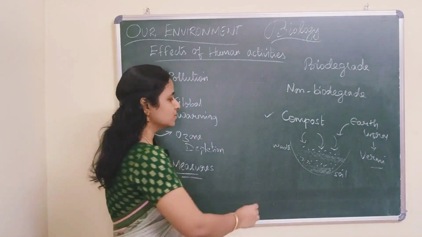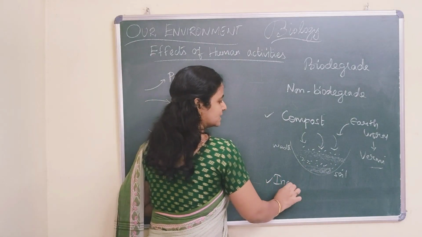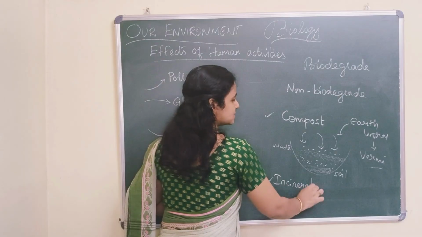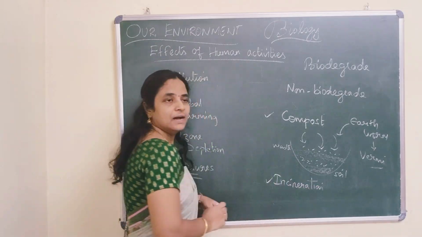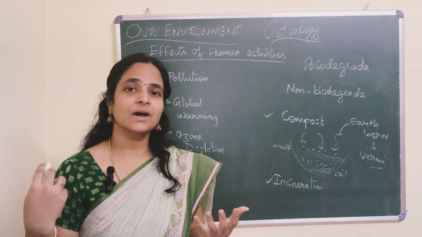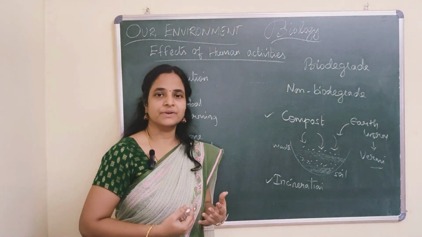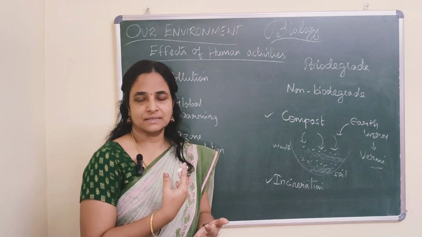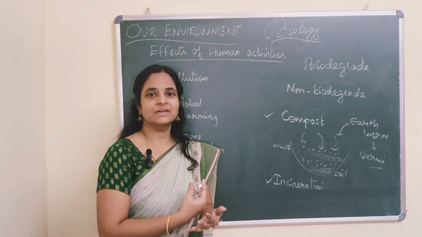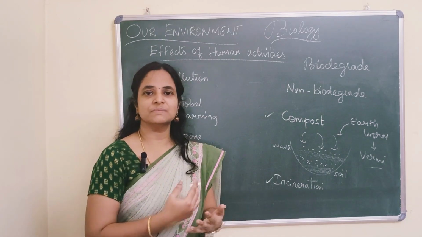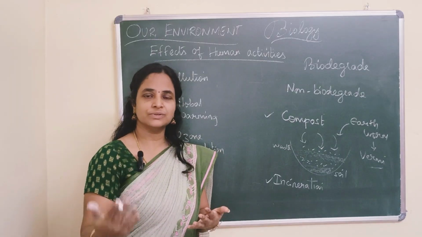And we also use a machine called an incinerator. This incineration is a machine that burns all the hospital waste, especially when a patient is suffering from a severe contagious disease, which means the disease spreads from one individual to another.